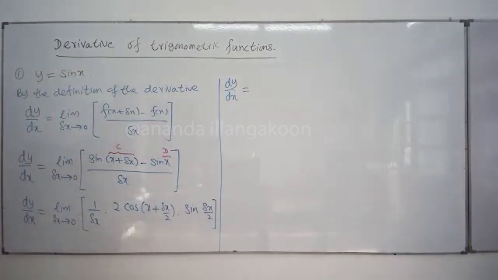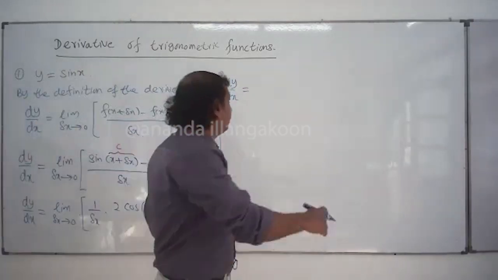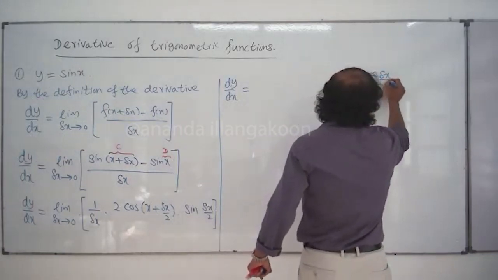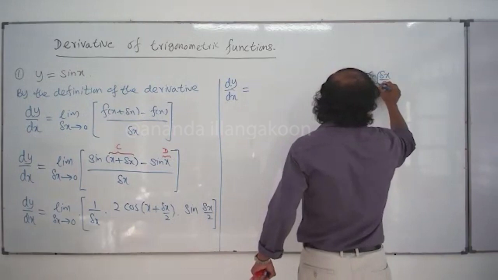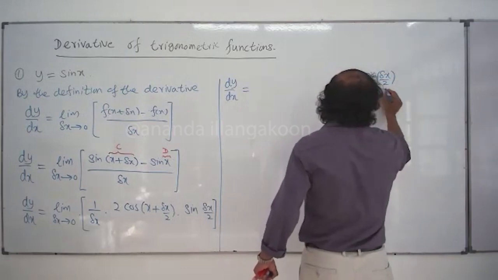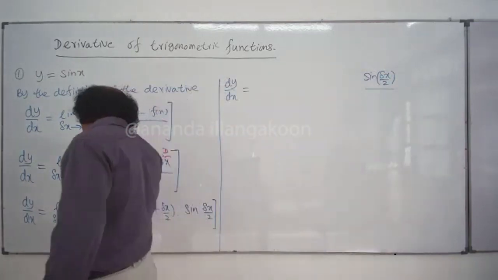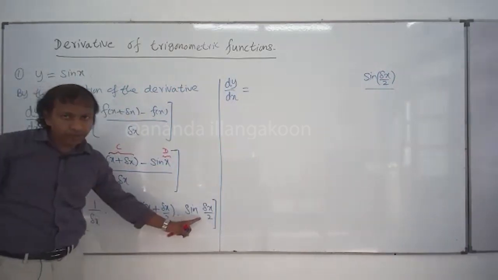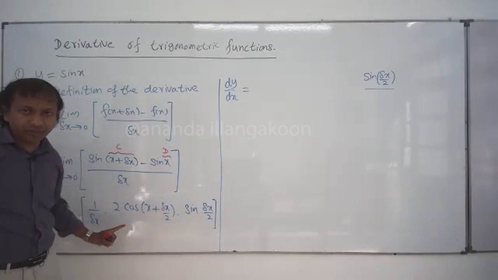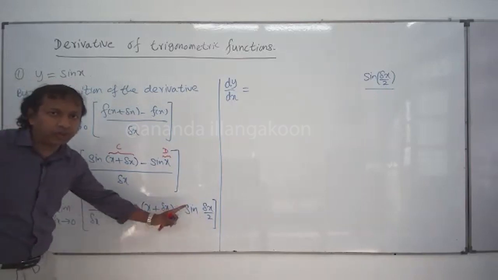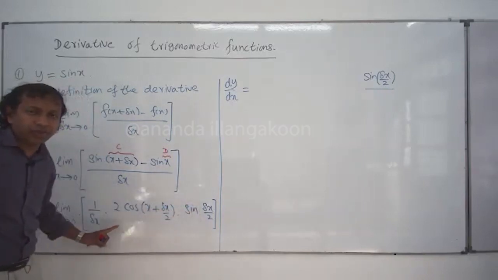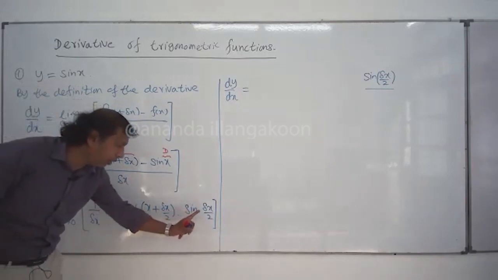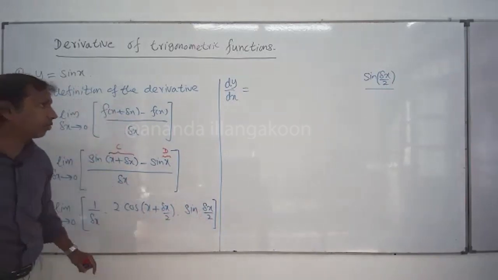First, I write sin delta x by 2 this way. The angle is delta x by 2. Now, by this delta x, we have to divide this product, no? When we divide this kind of product by something, no need to divide all the terms by that one, because there we have a product. Only one is enough. Therefore, this time I am going to divide this thing by delta x.